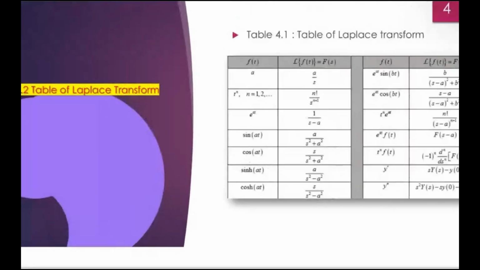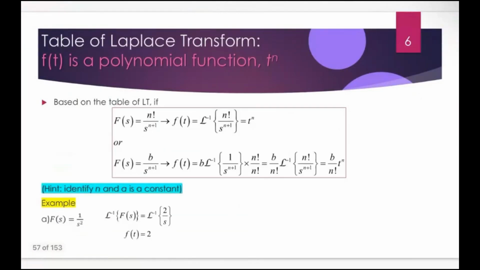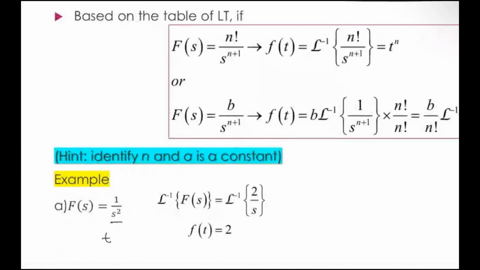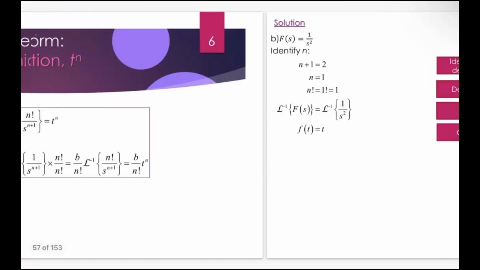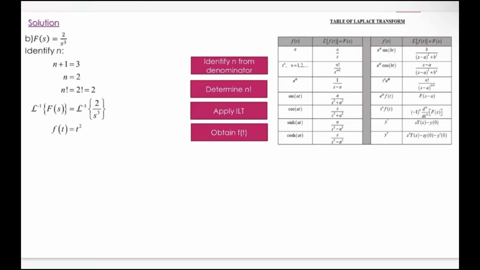T, yeah? The example is wrong. This one, 1 over s squared, is equal to t.